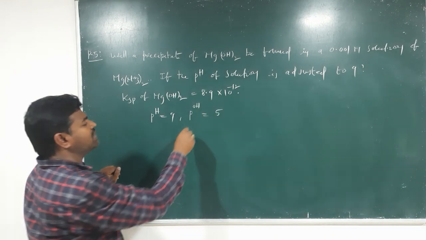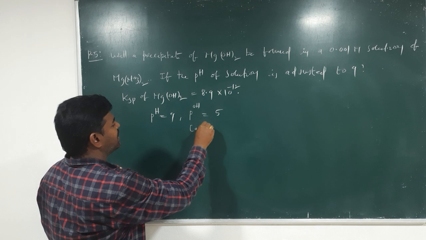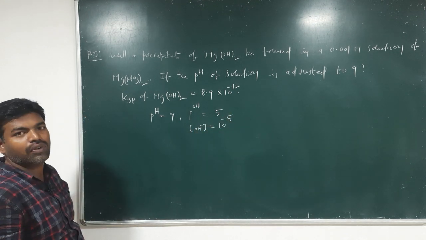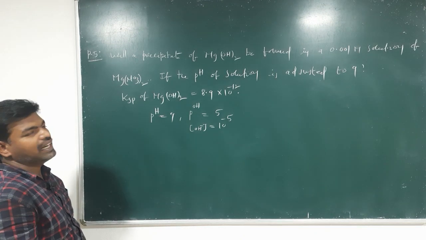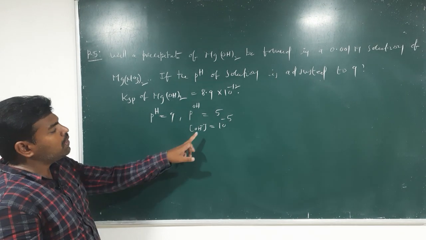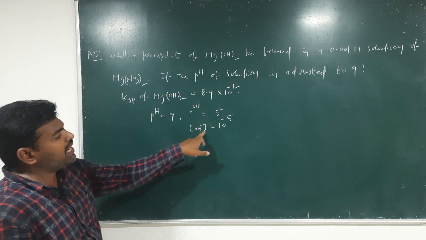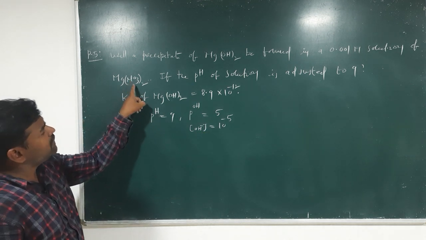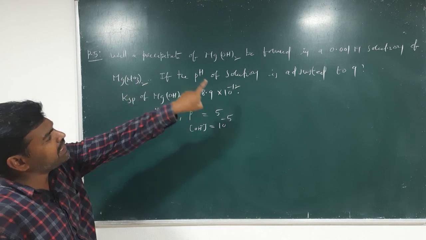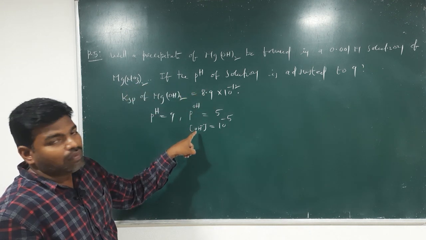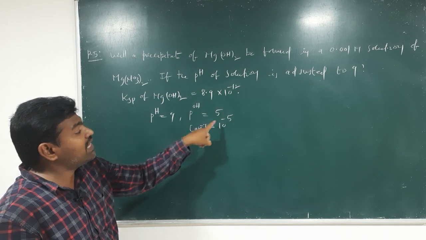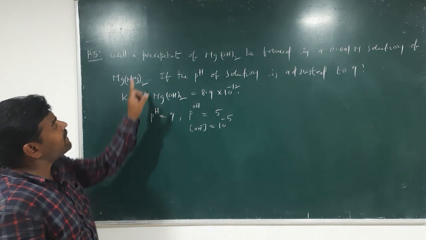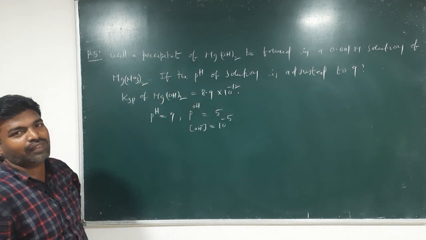So, the concentration of OH minus ions is 10 power minus 5. MgNO3 solution is present in a solution with OH minus concentration of 10 power minus 5. In such a case only, MgOH twice is formed.